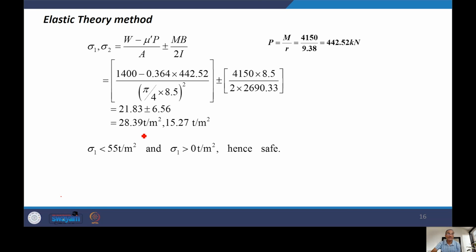So sigma 1 is 28.39, but this quantity is less than 55 ton per meter square, which is the permissible value. So this is fine. Same thing is for sigma 2. Here it should be sigma 2. This should be sigma 2. Okay, so this correction need to be done.